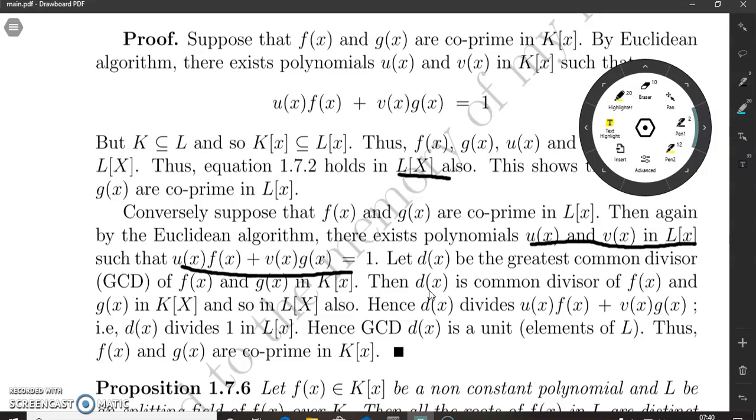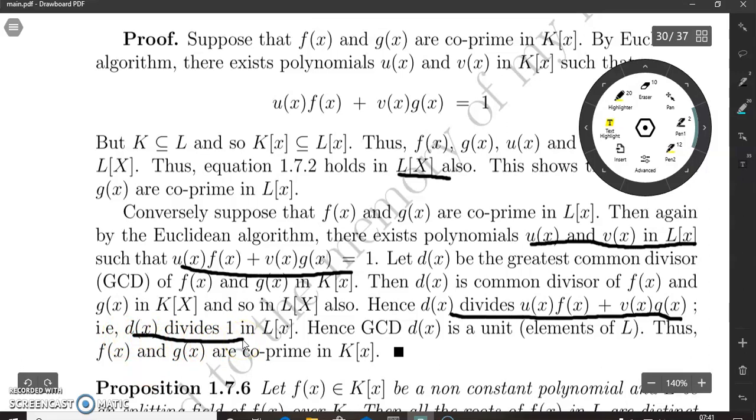But here we observe that d(x) divides f(x), d(x) divides g(x), so d(x) divides u(x)f(x) + v(x)g(x), but u(x)f(x) + v(x)g(x) is 1. From here it means d(x) divides 1.